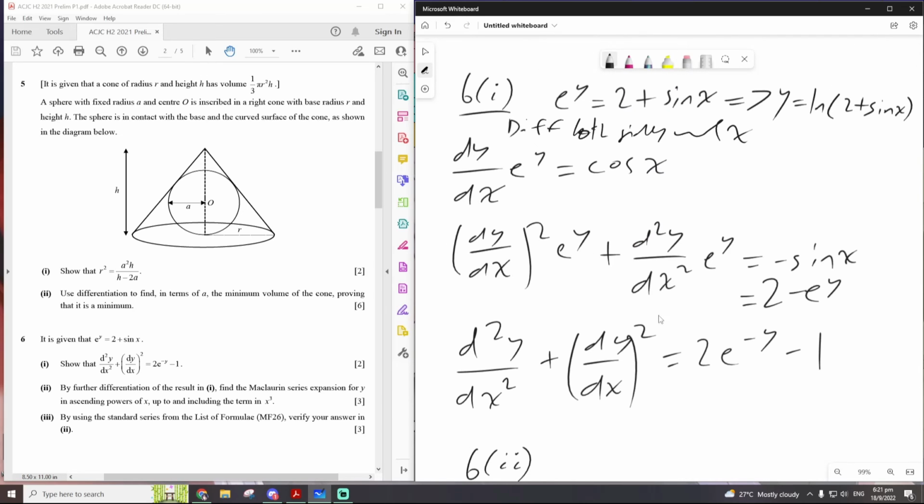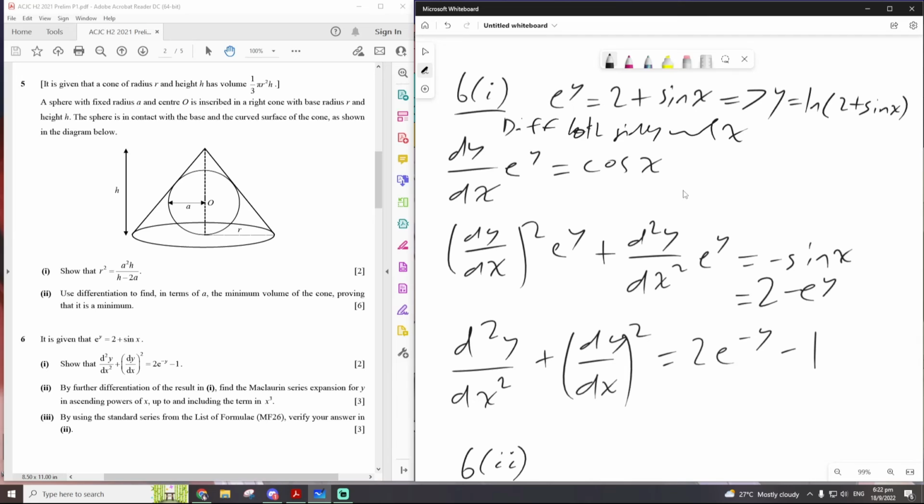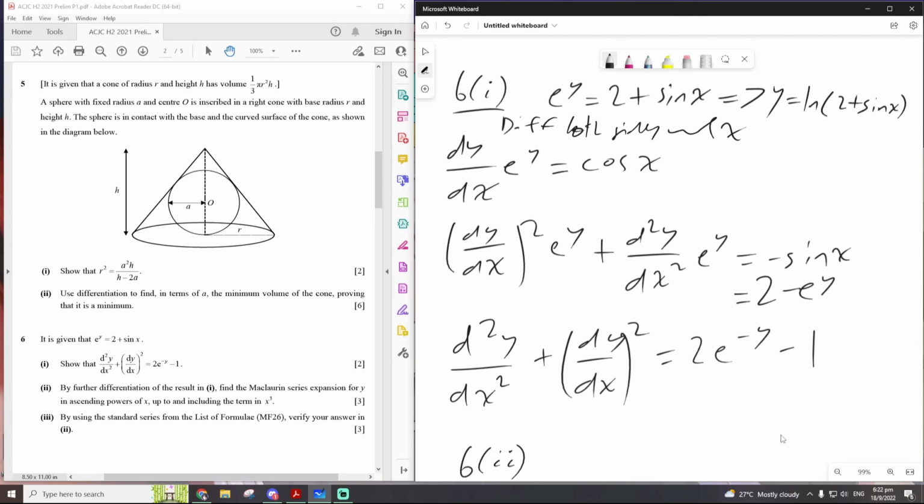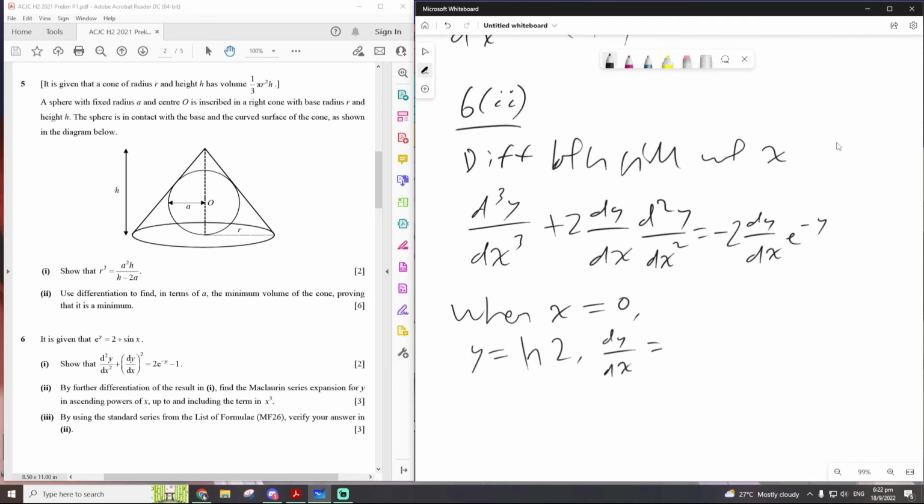So 2 dy/dx is cosine 0, which is 1. So dy/dx is half. For d²y/dx², this is 2e^(-y), which is half, okay, it's 0. So d²y/dx² equals negative quarter.